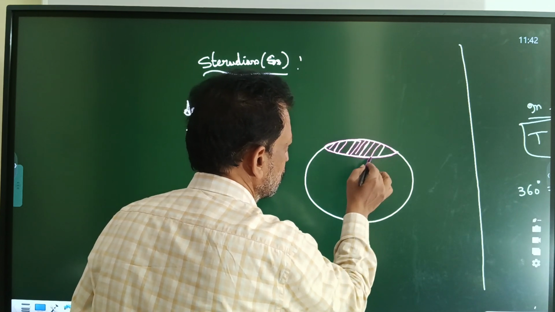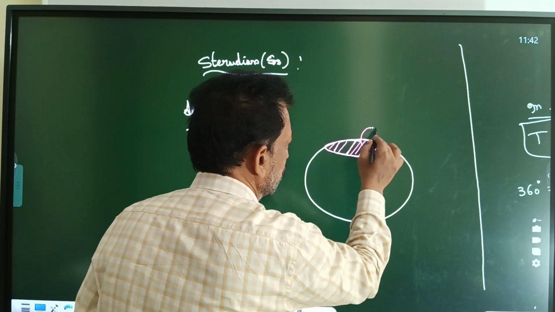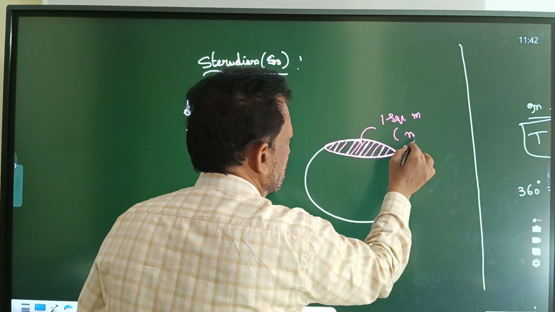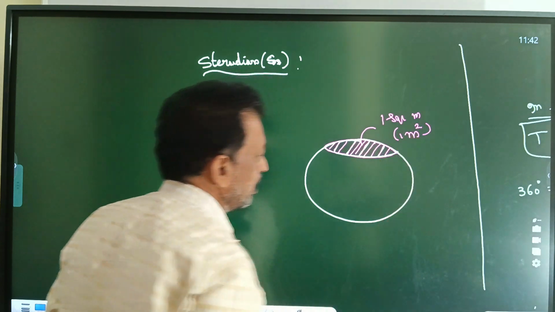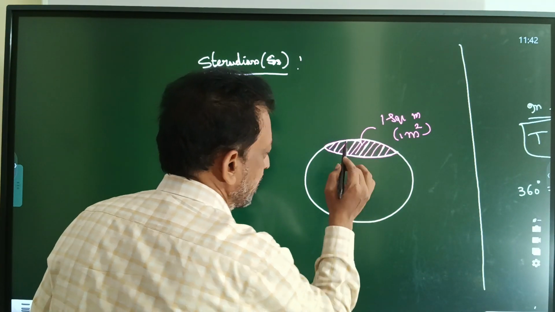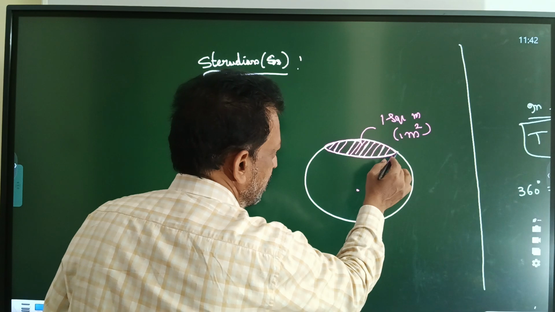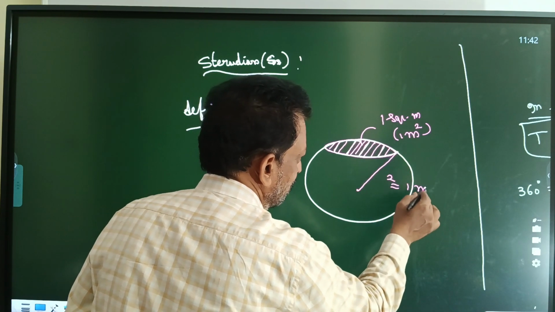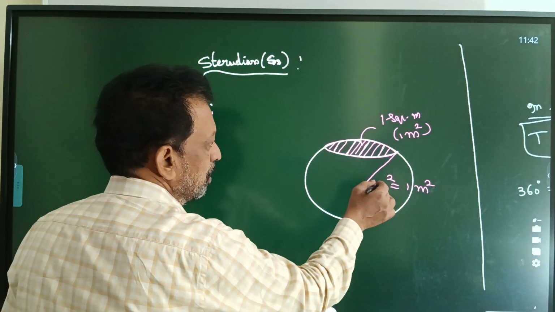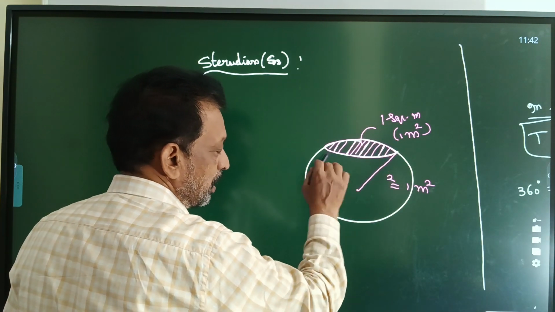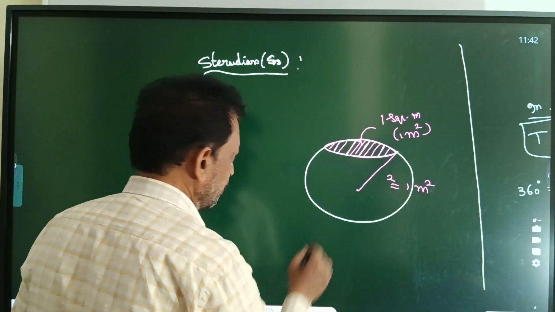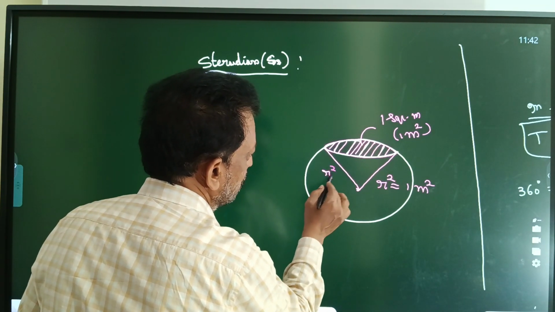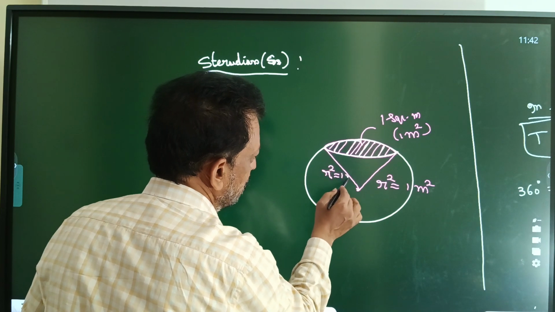I cut 1 square meter area. This area is how much? 1 square meter. Now this is the center, and this is the radius. The square of the radius, r square, is equal to 1 meter square. So r square and the square meter cross section are both equal.